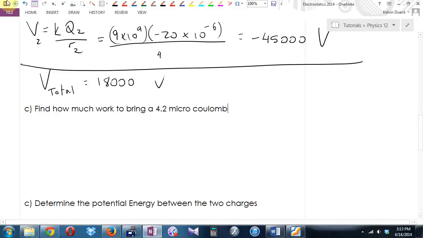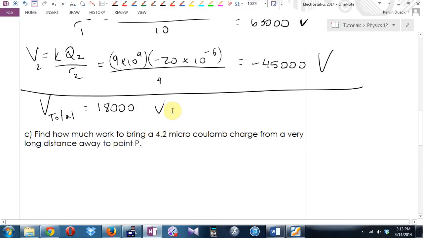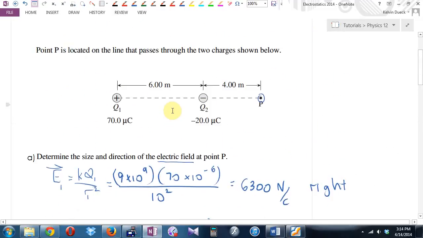I got to write out the word micro because I don't think I have the symbol for the little mu on my word processor here. Charge from a very long distance away to point P. So let's go back here. It's asking how much work to bring a charge in to location P from a very long distance away.